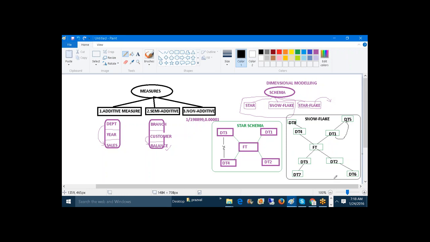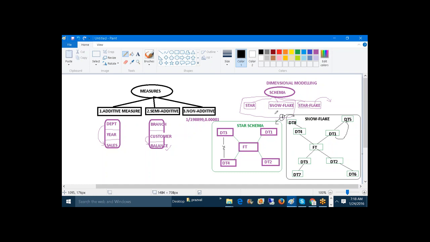So in Tableau, it is possible to build these two schemas, star and snowflake. Then what about starflake? If we combine both the star and snowflake, then it is known as starflake. So how to combine both the star and snowflake?